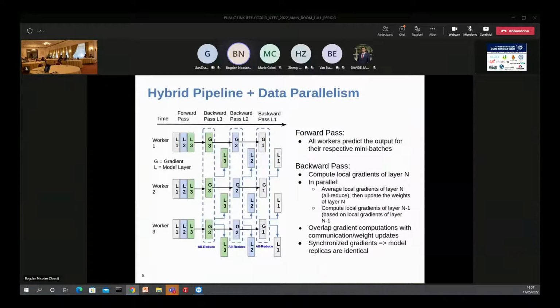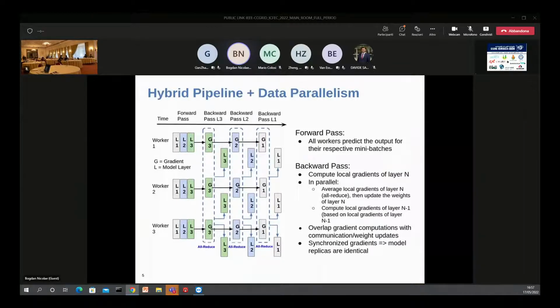But in parallel, then we can proceed for that last layer specifically to average the gradients and then update the weights. And so this way we overlap a significant amount of communication due to all reduce and these memory accesses to weight updates with the actual computations involved in the local gradient calculation.